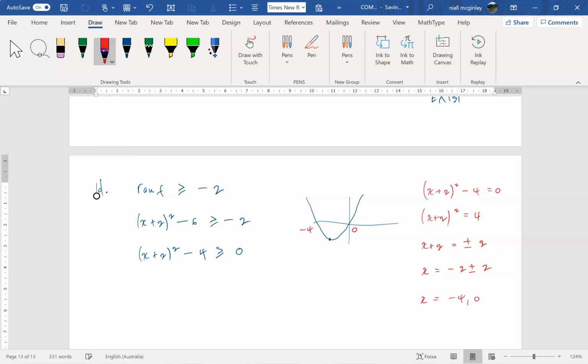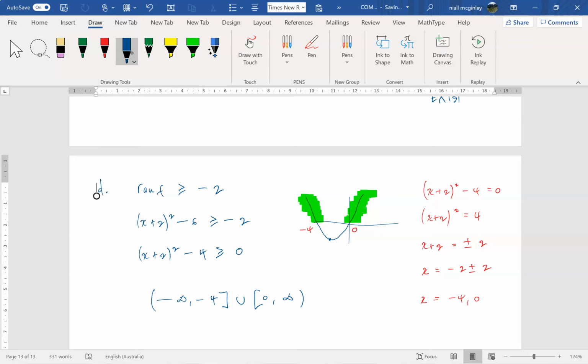I'm sure you can work that out in your head, but that's how you do it. So we're looking for where this is greater than or equal to 0. It's going to be this section here and this section here. So my x values are going to be -infinity to -4, including, or 0 to infinity. And that's what your domain is going to be.